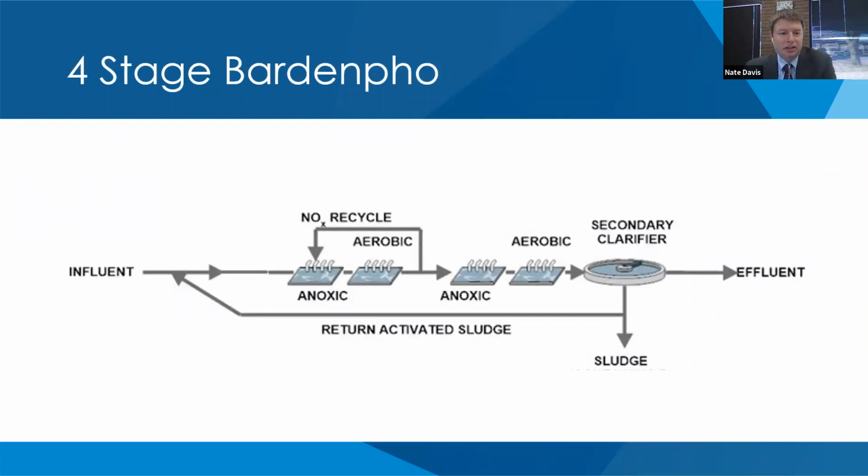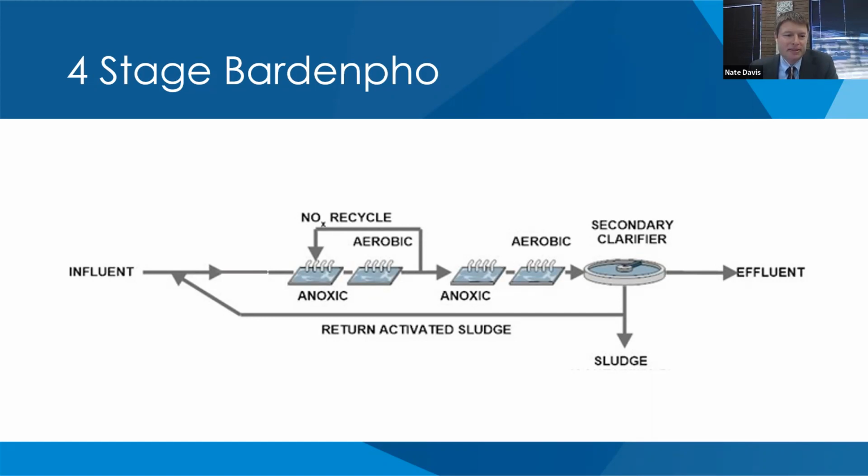So then the next configuration for total nitrogen removal is the 4-stage Bardenpho. It's really taking that MLE and adding some additional steps onto it to acknowledge some of the shortcomings. So the idea here is we've got our anoxic zone with the recycle back to it from the tail end of the aerobic zone, but then we place a second anoxic zone after that to try and get another crack at any nitrates that have passed through that recycle.